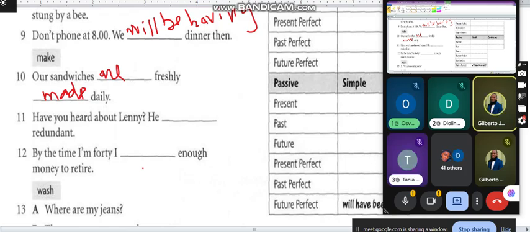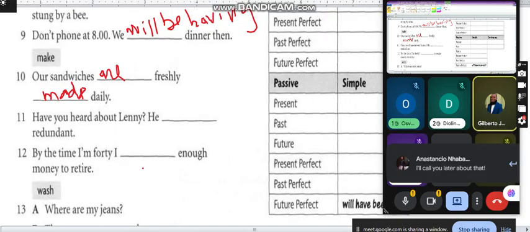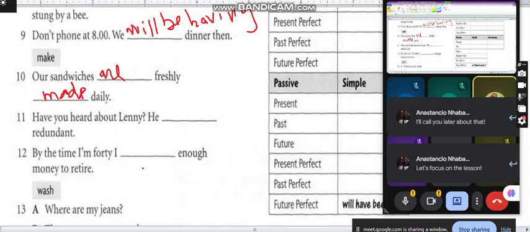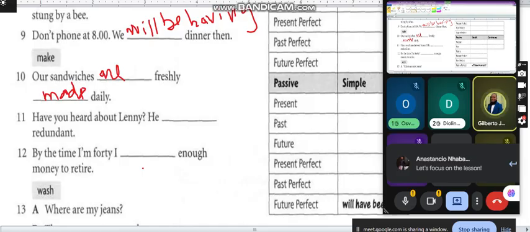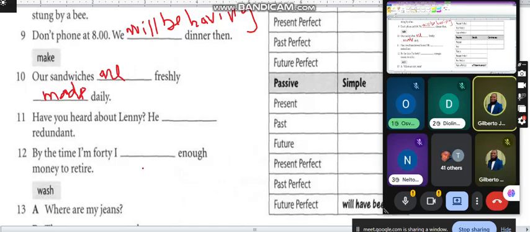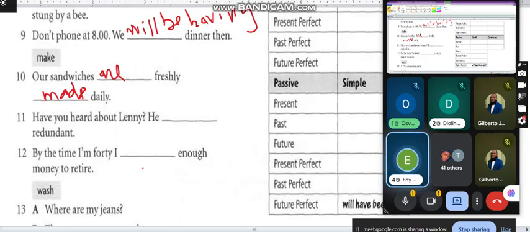For number 11, have you heard about the landlord? The correct answer for me will be he has been made redundant. Has been made redundant. Can you help me with this word? Hello, Eddie, can you say it again, please?